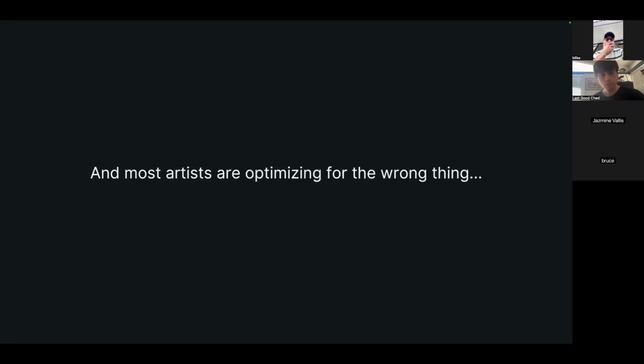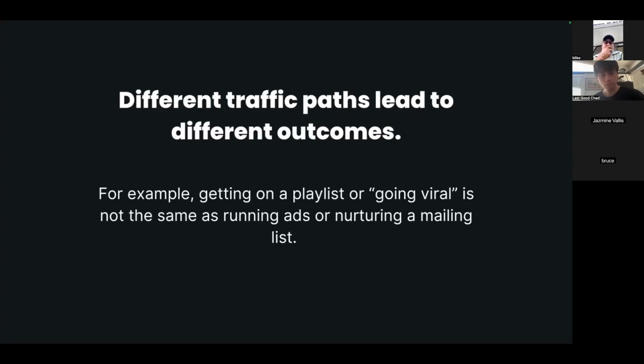And most artists are optimizing for the wrong thing. Those different traffic paths lead to different outcomes from that traffic. For example, getting on a playlist or going viral on social media is not the same as running Meta ads or nurturing a mailing list of fans that have actively subscribed to you, right? Different traffic paths lead to different outcomes.